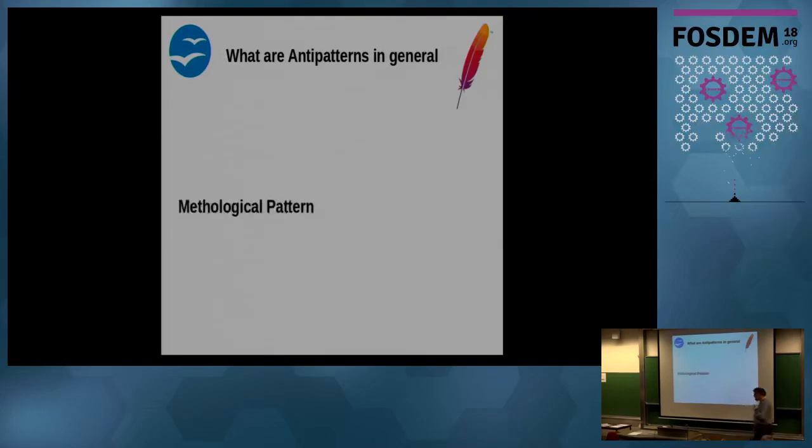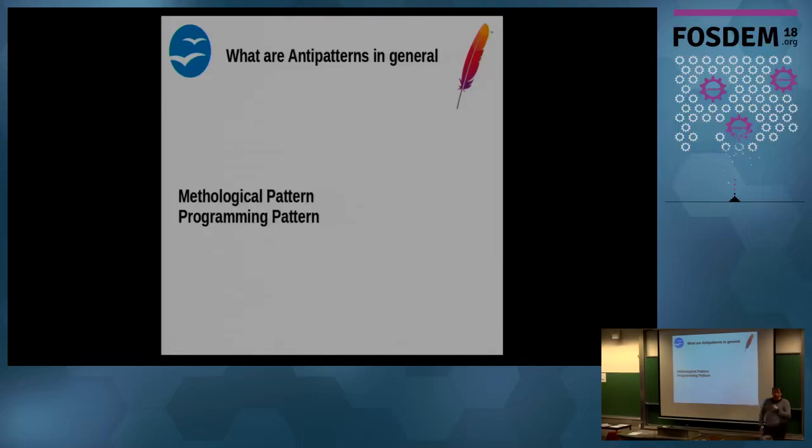In methodological patterns, we look at abstract ideas, stuff that we know from development science or software science, that we actually learn in school or university.